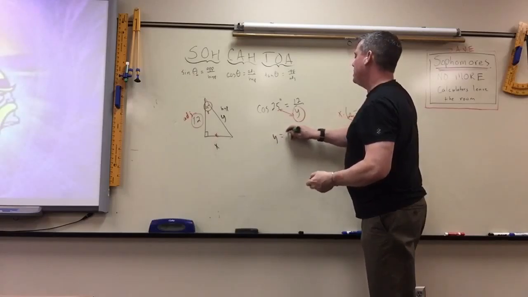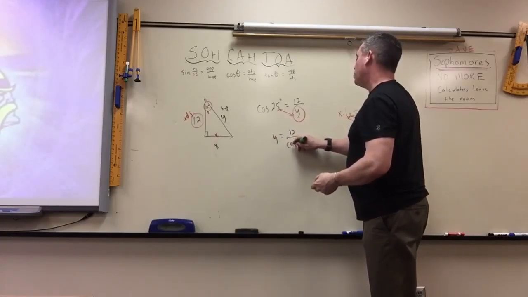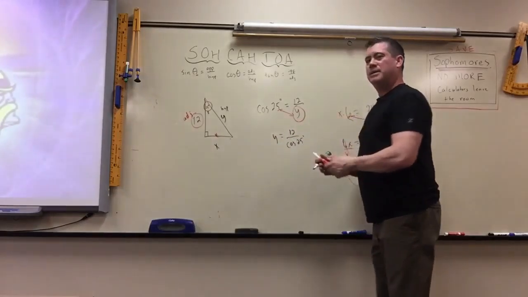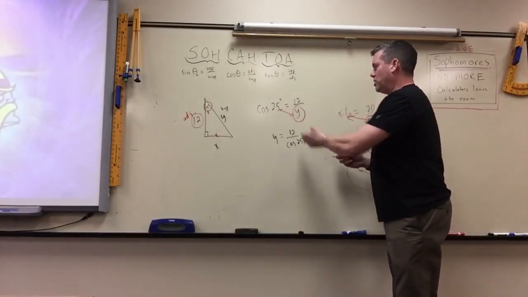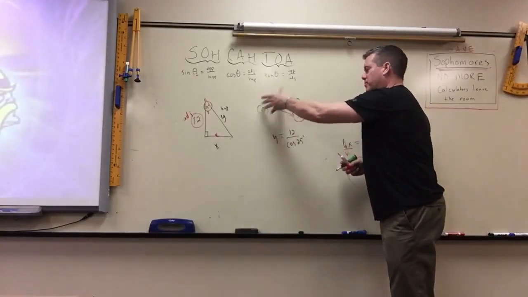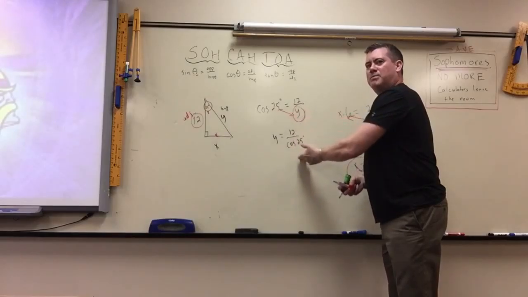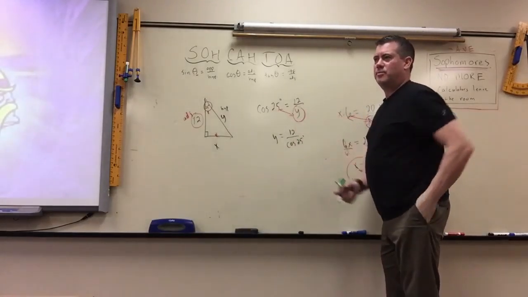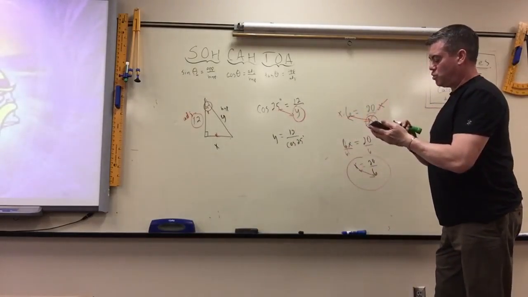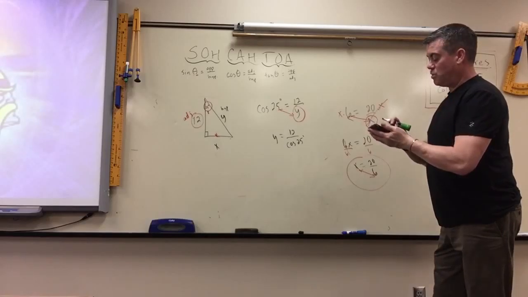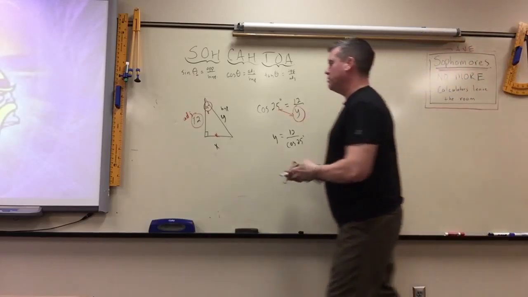So y is going to equal 12 divided by the cosine of 25. The last problems we did, we took the number times it. These problems, you're going to take the number divided by it. Okay? So 12 divided by the cosine of 25, we get the same answer, 13.2.